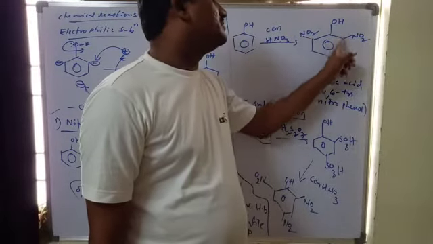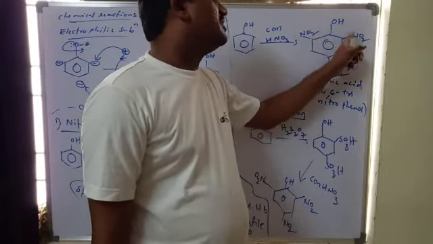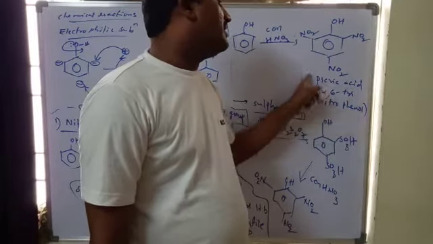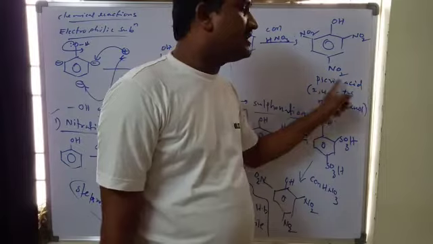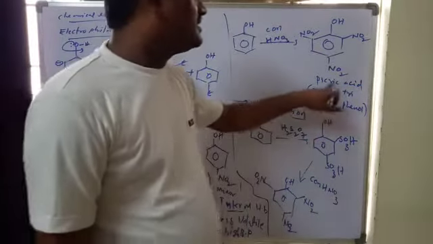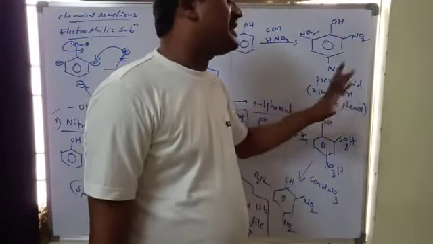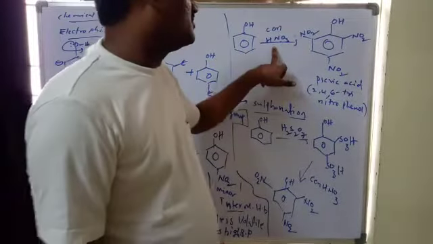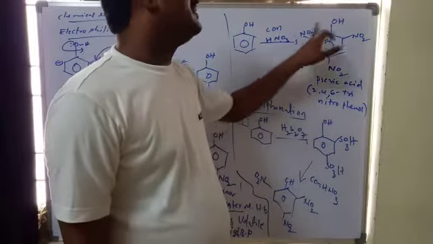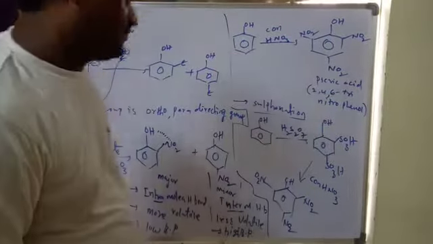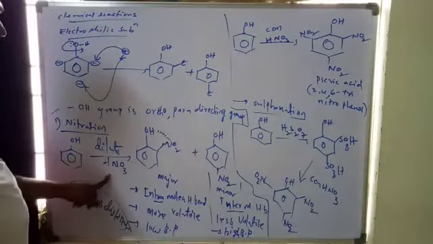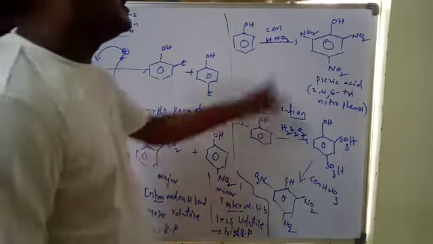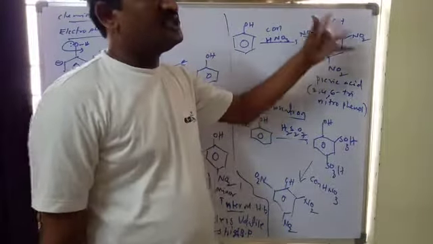So 2, 4, 6-trinitrophenol. The widely used common name is picric acid. So with concentrated HNO3 nitration, we get 2, 4, 6-trinitrophenol, but in the case of dilute HNO3, ortho and para nitrophenols are the products. But in this case, the yield of product is very low.